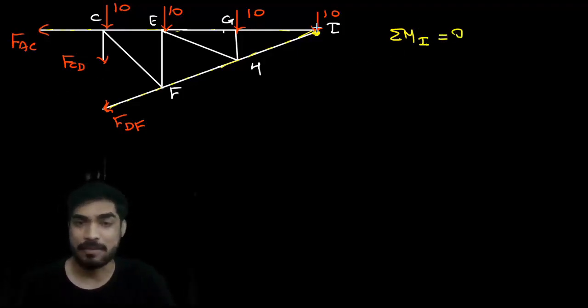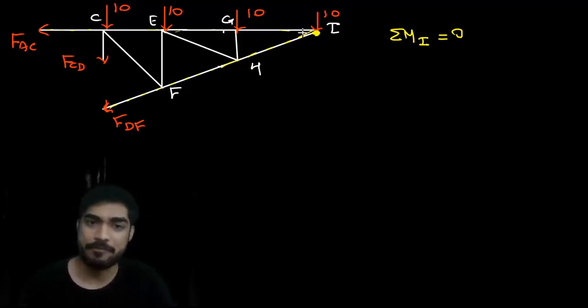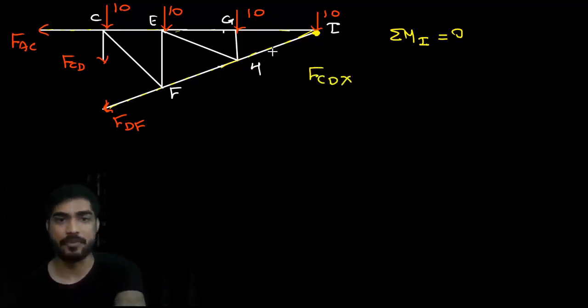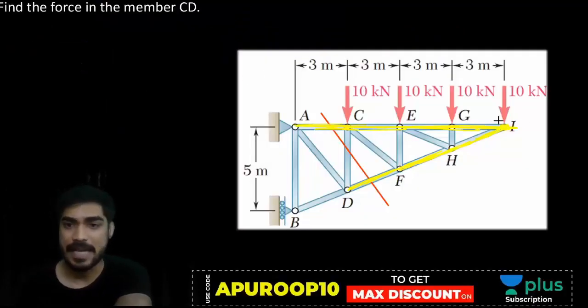Okay. So if I take moment at I, FAC is gone, FDF is gone, this 10 is also gone. Okay. So what will be the equation? FCD multiplied by distance from C to I. C से लेके I तक का distance 3 plus 3 plus 3, 9.